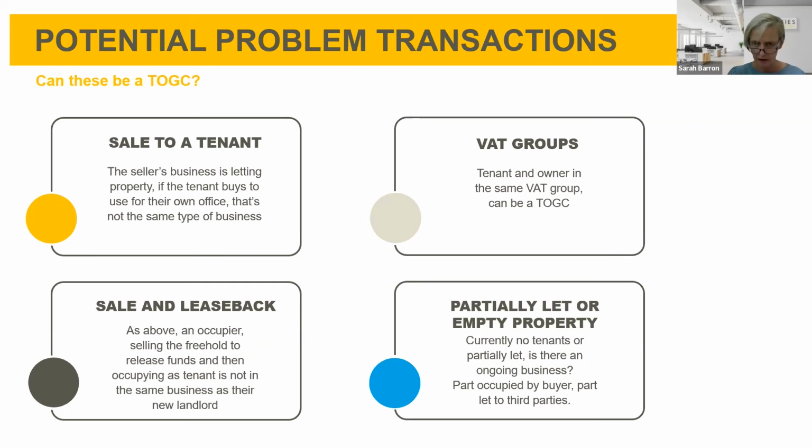So we'd be happy that that can be a VAT-free transfer. But if you've got somebody who's just bought a building with the intention that they might let it out at some point, but they've not actually done anything about it, then no, that can't be. There's no economic activity that we're transferring. It's simply the sale of a building.